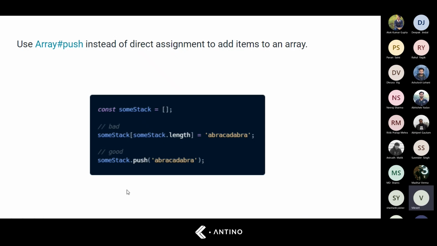Because suppose there are 1,000 items present in an array and you want to make changes to a particular item sitting at a particular index, it will be really bad performance-wise. So rather than that, use the inbuilt function that JavaScript provides us, the push function.